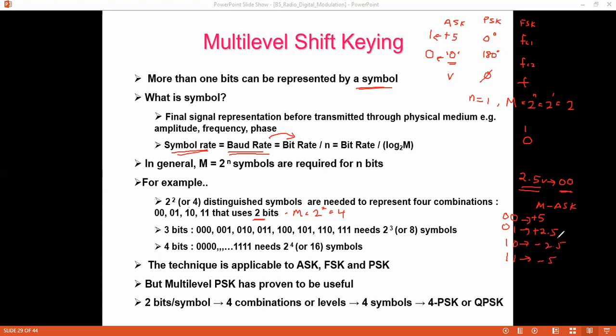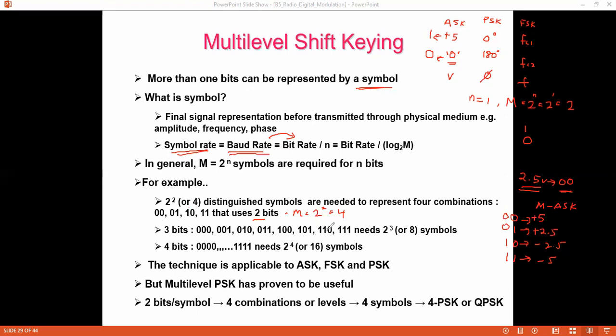So instead of 2, there are 4 different voltage values to represent 4 different combinations based on 2 bits. If we use more bits, then more symbols are required to represent the higher combinations of bits. If 3 bits, then the number of symbols is 2 to the power of 3, or 8 symbols. If 4 bits, then it's 2 to the power of 4, or 16 symbols.